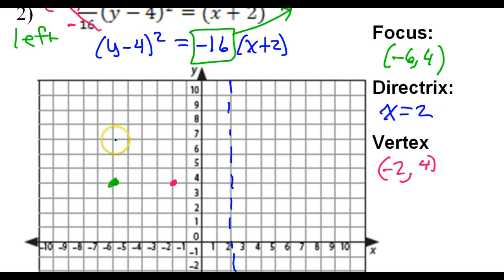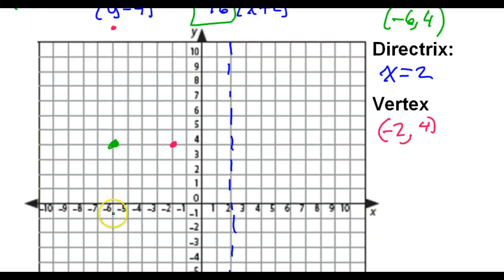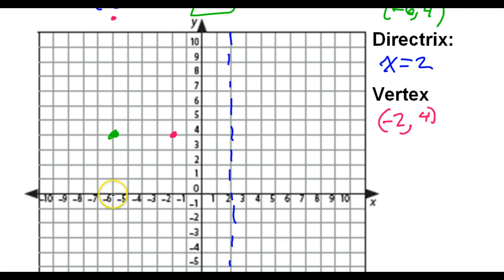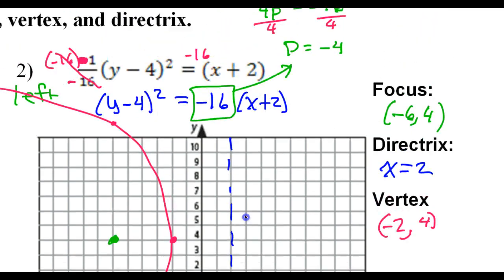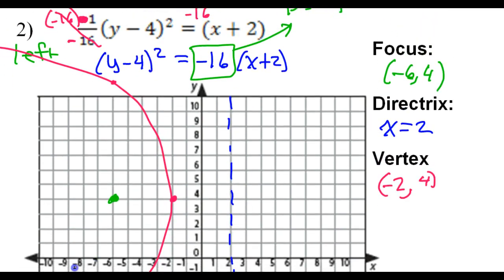So 1, 2, 3, 4, 5, 6, 7, 8. Okay, it's a little bit off the grid. And then the other way. It's 4, 5, 6, 7, 8. All right, so there you go. Here endeth the lesson.